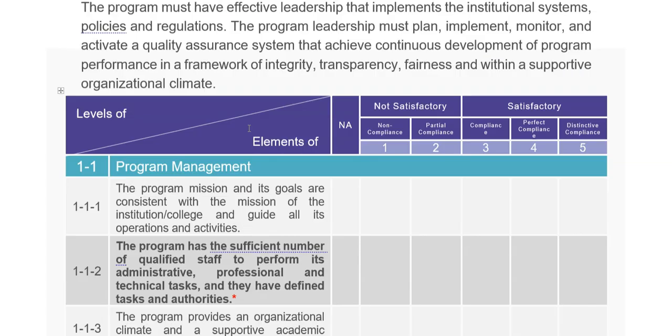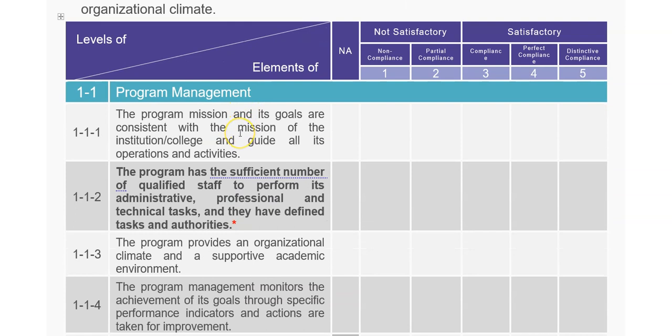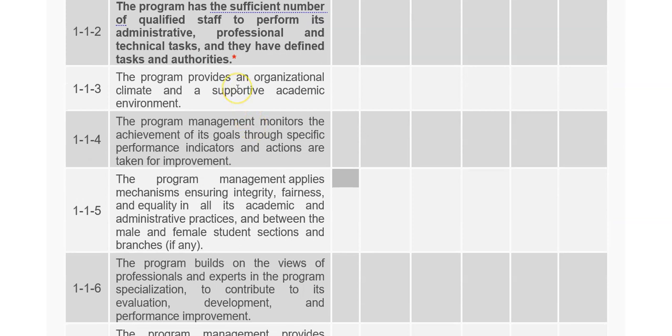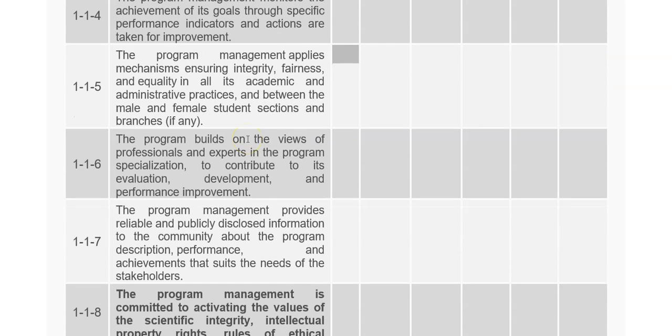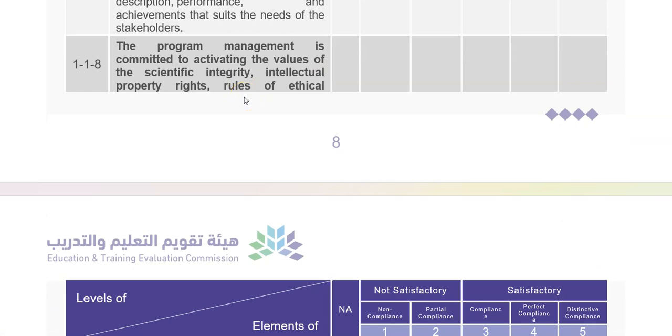Of course, this is a self-evaluation by the program, and the NCAAA reviewers will look at your evaluation and, based on the provided evidence, they will re-evaluate this standard again. They will see if you gave yourself grades or evaluation more or less than required based on the evidence that you provided.